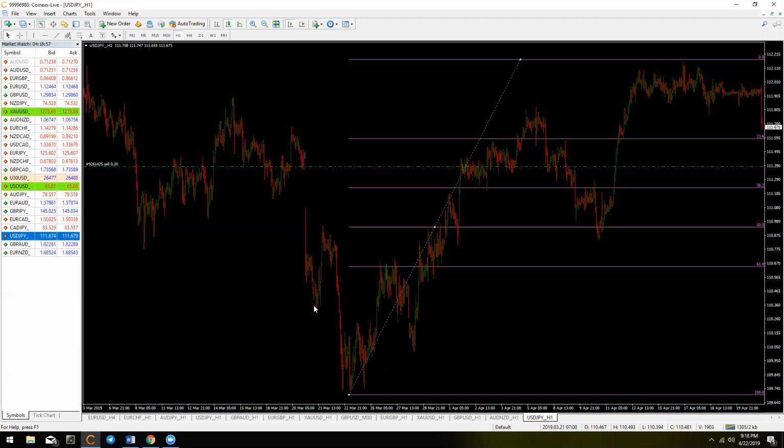Well, I'm going to try it again. I'm going to US Japanese yen, and I'm on the harmonic scanner. I'm going to go to the pitchfork, go to retracement, and you said start from the bottom. I'm going to go to 1 hour.